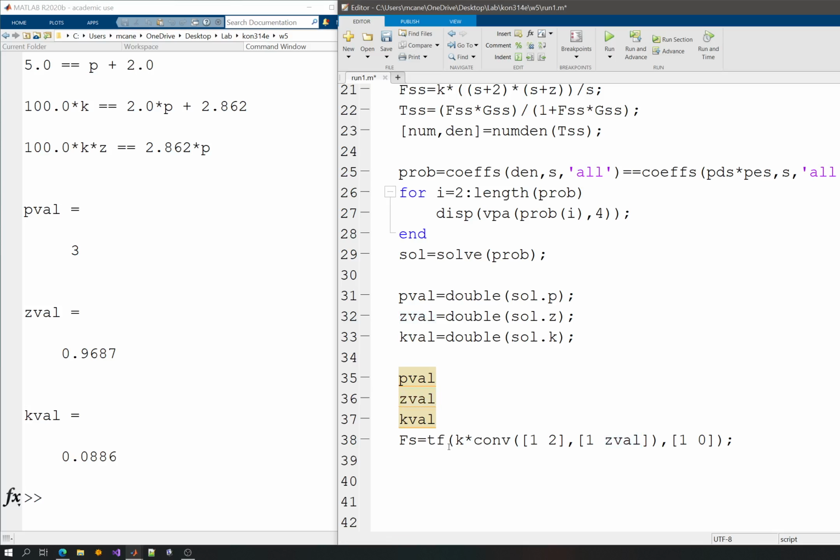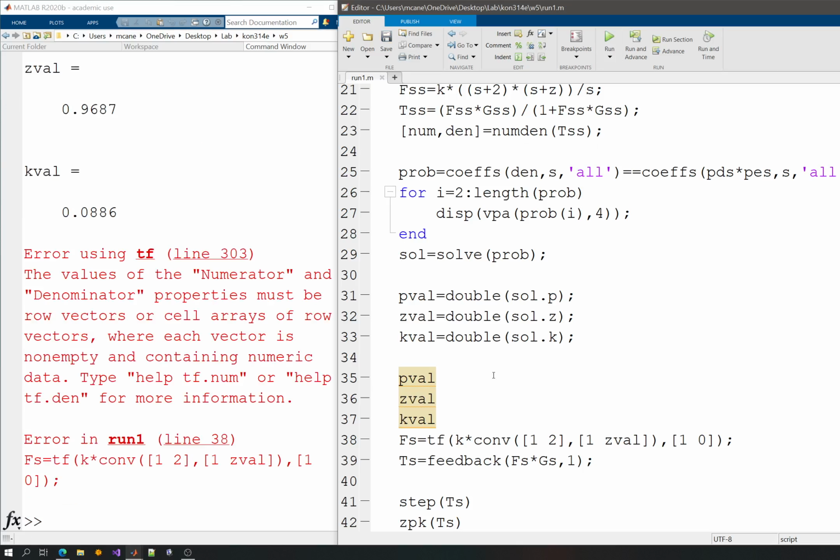So this is my controller, and my closed loop will be feedback of FS times GS, comma 1, and then I can get the step response of TS and also maybe the polynomial map or ZBK can be helpful for my closed loop design.